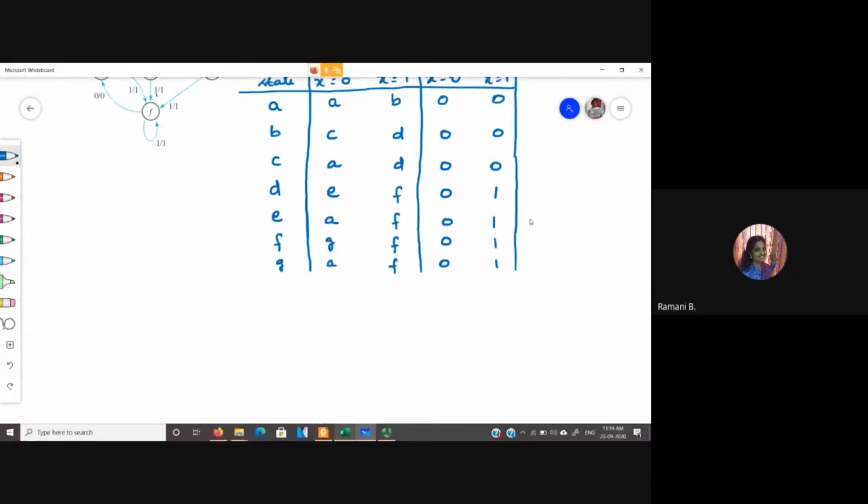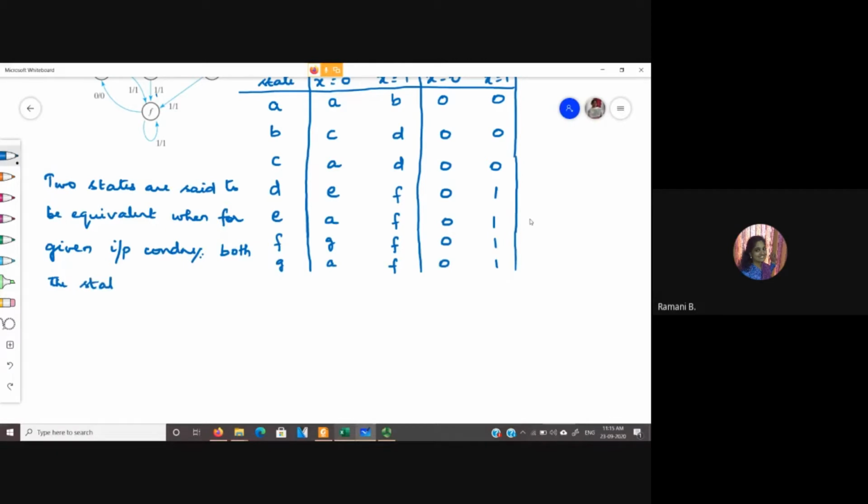We say two states are said to be equivalent when, for given input conditions, both the states have the same output and next state.